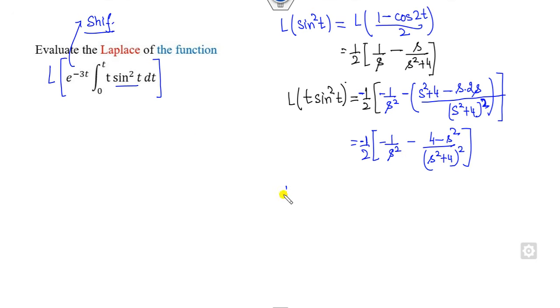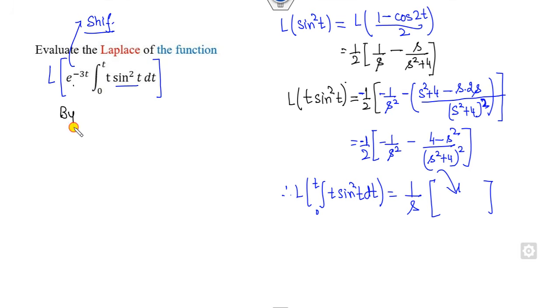So therefore Laplace of integral from 0 to t of sine square t, it will be 1 over s into this part.